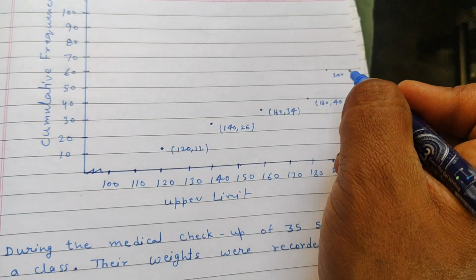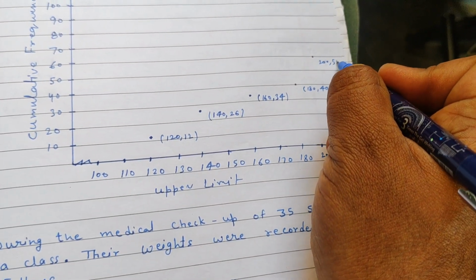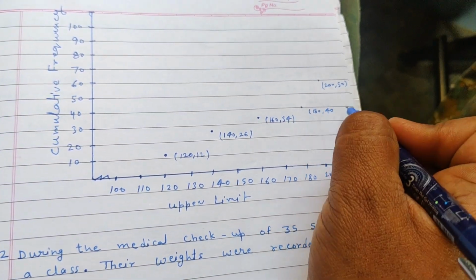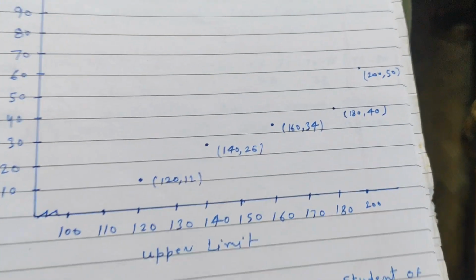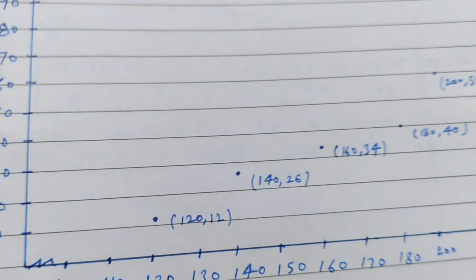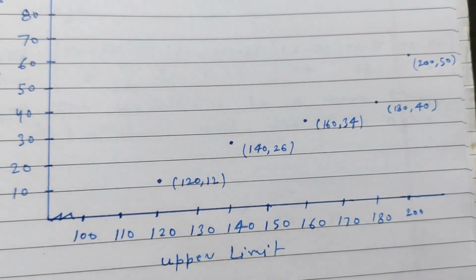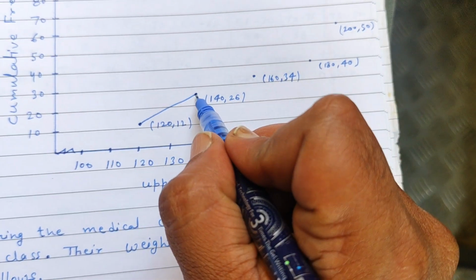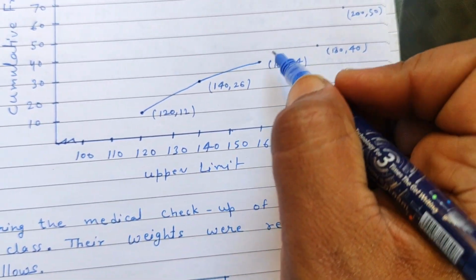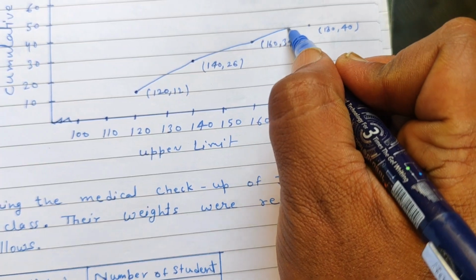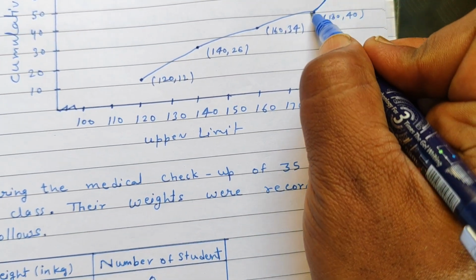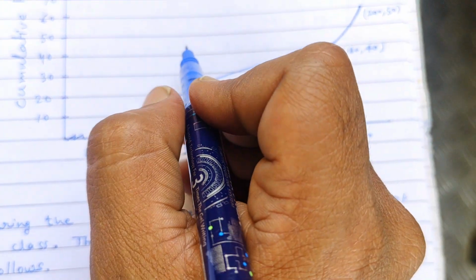These are the points we plot, and here we get the less than type ogive.